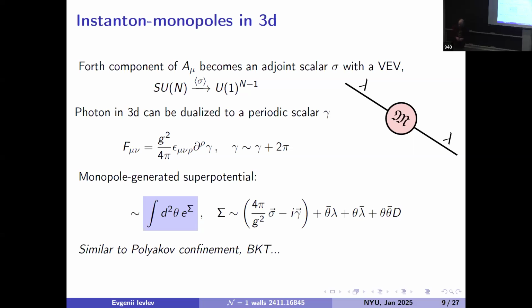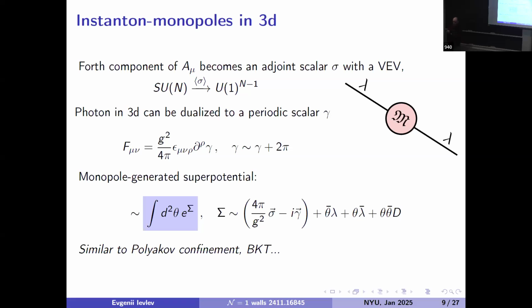Remember, we did the circle compactification, we compactified what we call the time direction. The worldline of the 4D monopole gets wrapped around this compact dimension, and then it becomes a point-like object in 3D. And this monopole generates a superpotential.